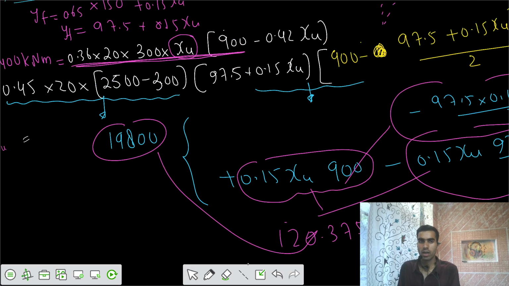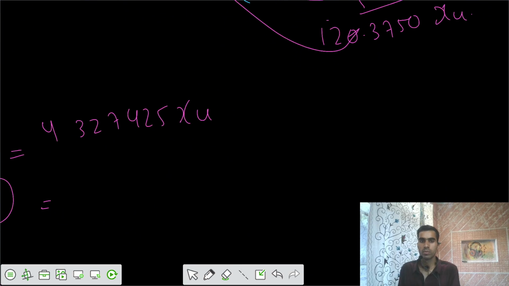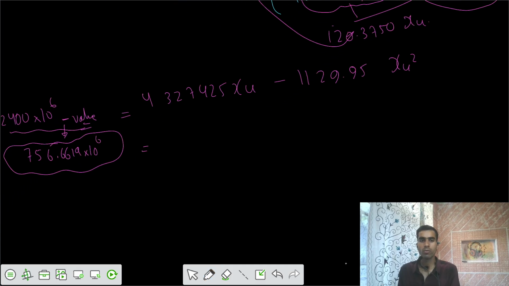And we have to add one more term, that's also negative: minus 0.42 into 0.36 into 20 into 300. So that's negative 1129.95 XU square. Let's hope for the best.